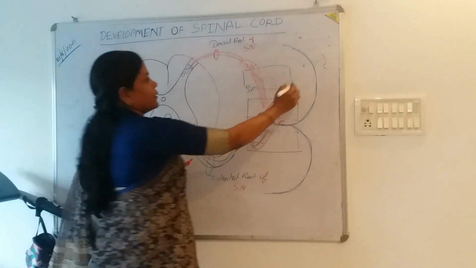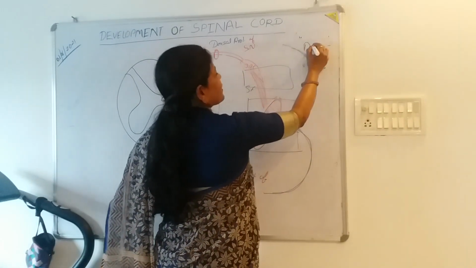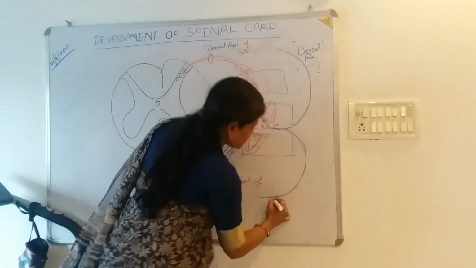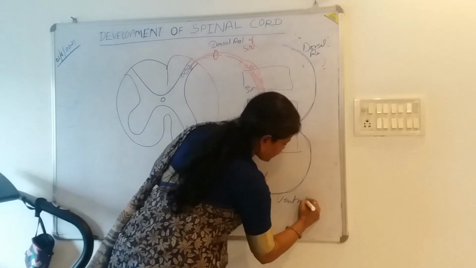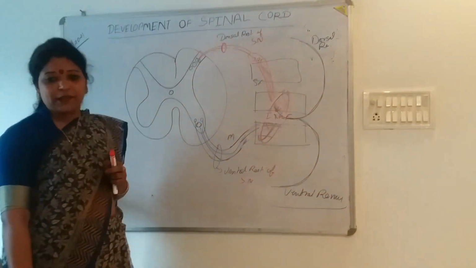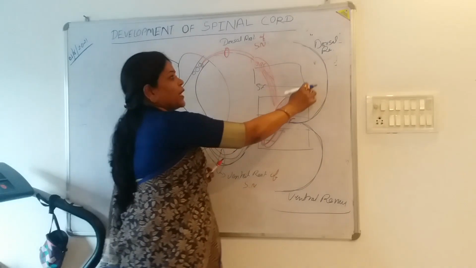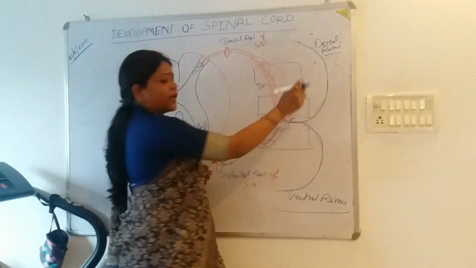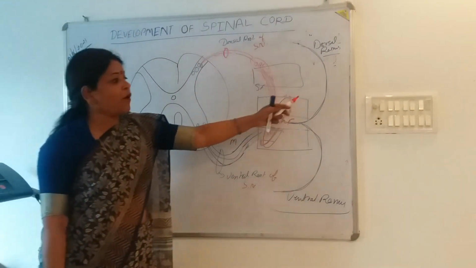This is smaller. This is known as the dorsal ramus and this is known as the ventral ramus of the spinal nerve, isn't it? So, can you tell me what are the areas? These fibers, again, are they mixed, sensory or motor only?